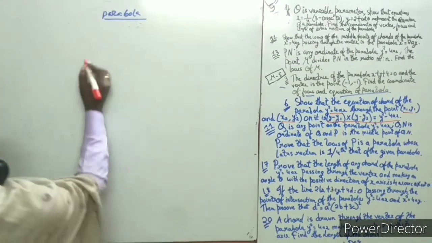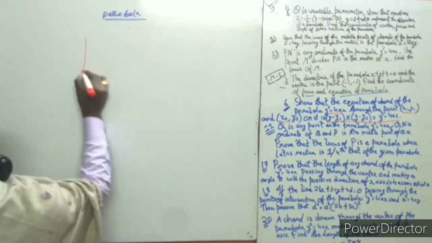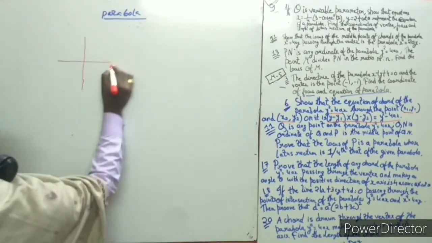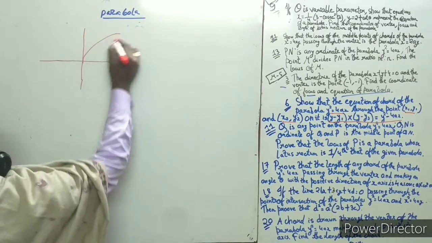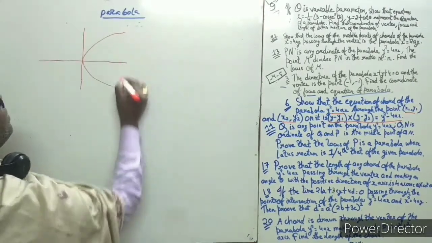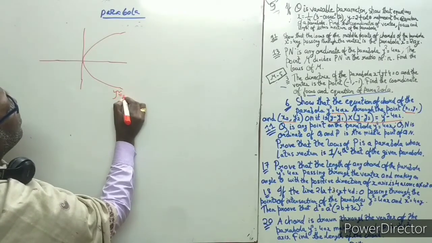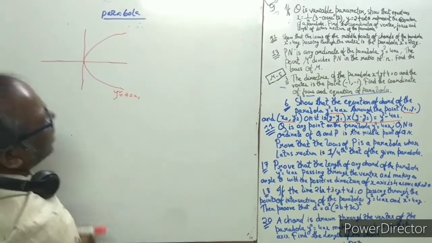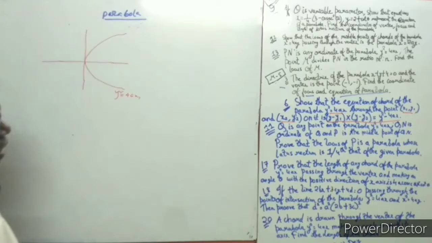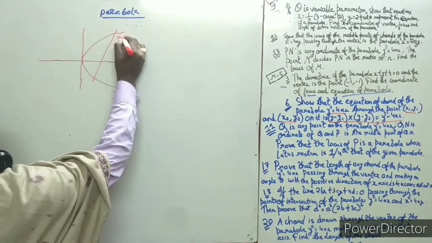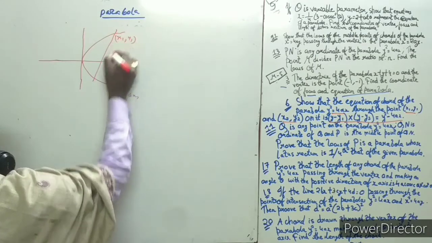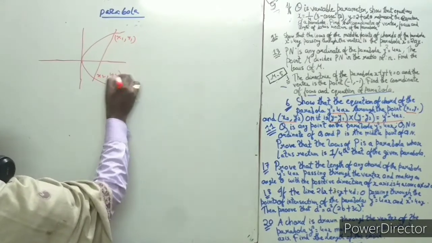So first we draw the parabola. The equation is given in the question, y square equal to 4x. And now this parabola passes through 2 points, x1 comma y1, and here x2 comma y2.